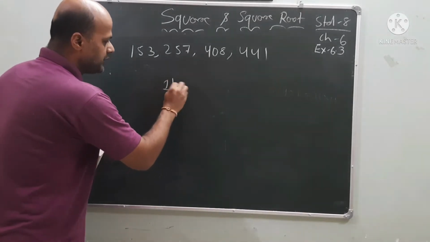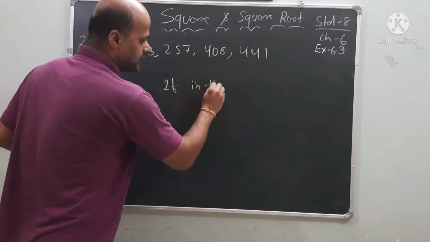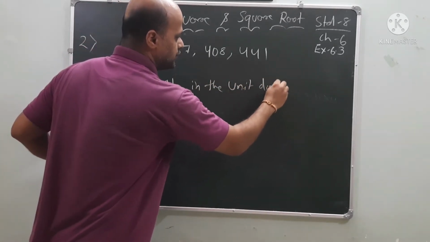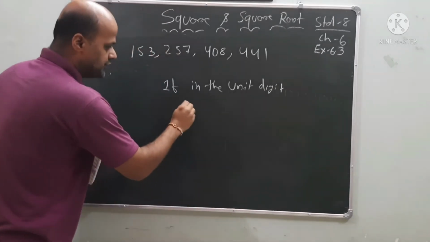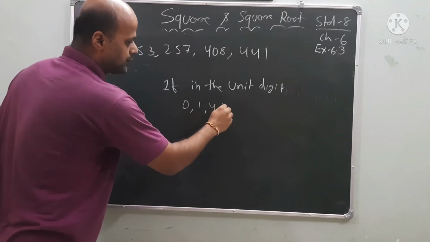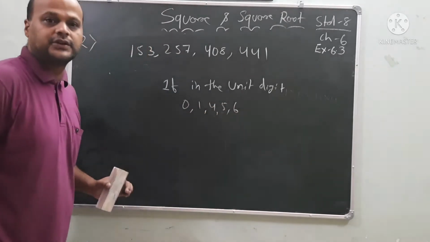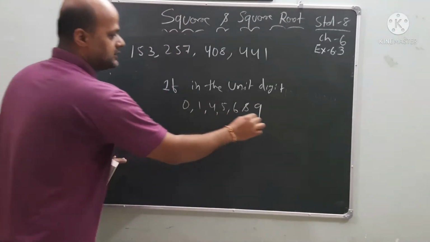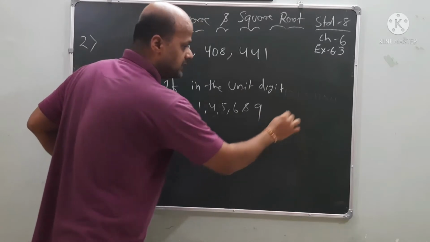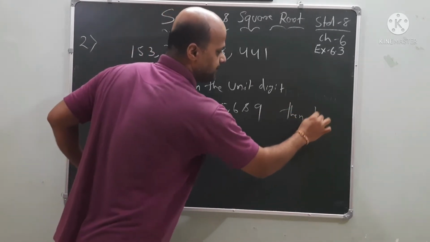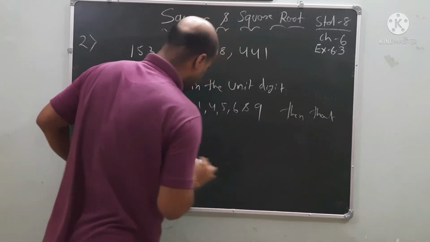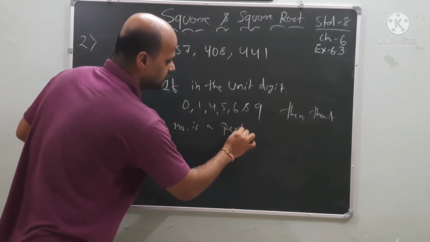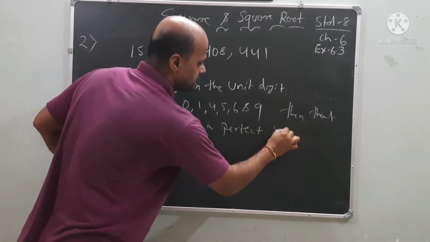If in the unit place or unit digit 0, 1, 4, 5, 6 or 9 is there, then that number is a perfect square.